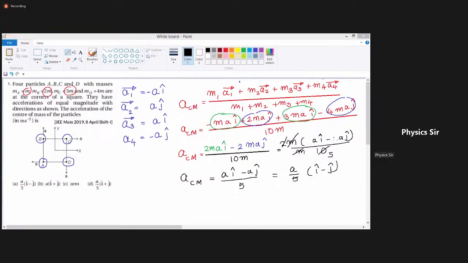So the correct answer is A. A is the correct answer. I hope all of you have understood. Did everyone understand? The moment you are done, you can reply done so that I can take the next sum.